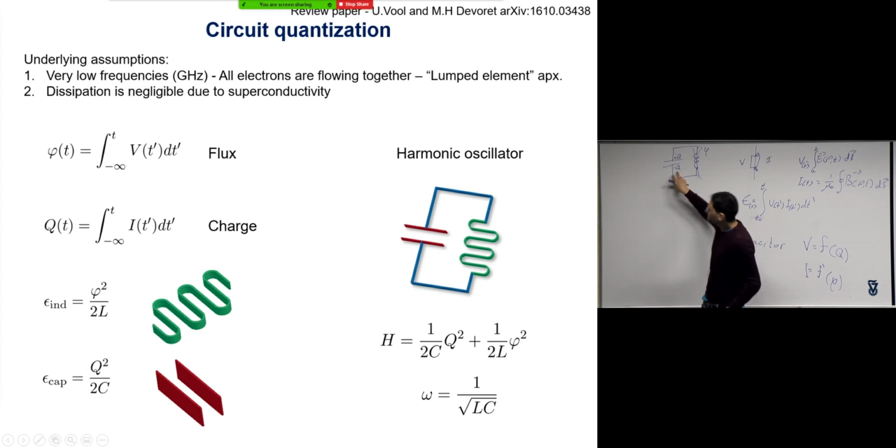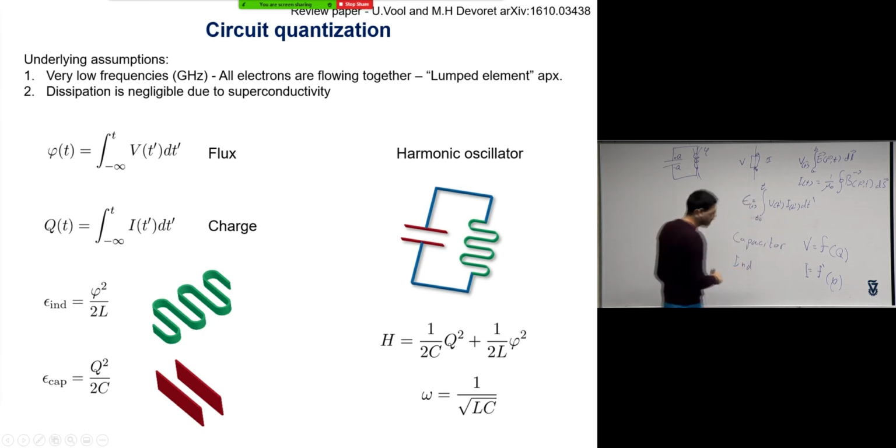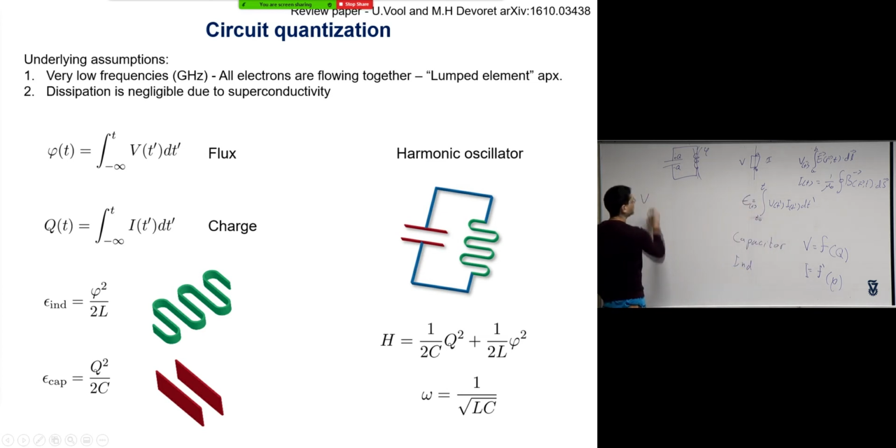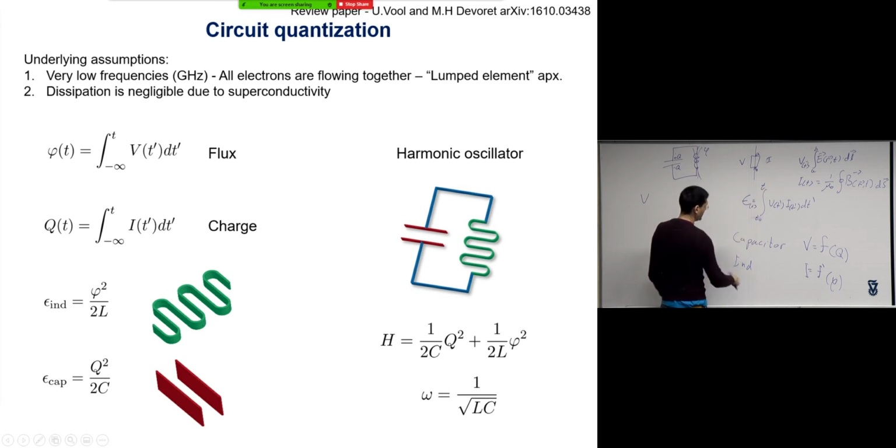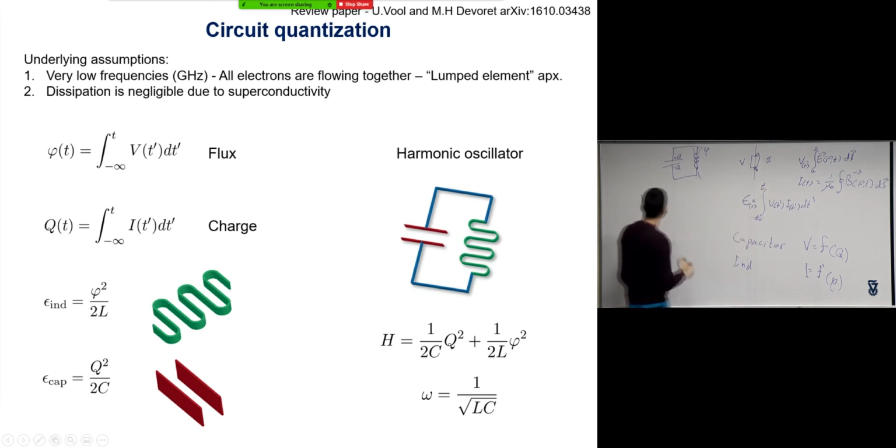And the energy in the capacitor is just going to be q squared over 2C. Now, the voltage, as you can see from the definition, is simply phi dot. It is also L I dot.